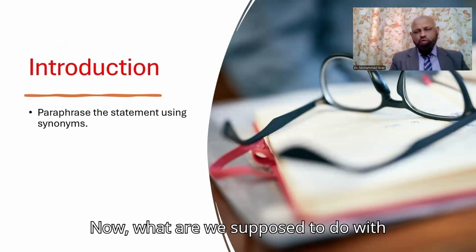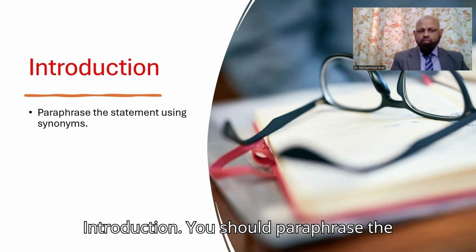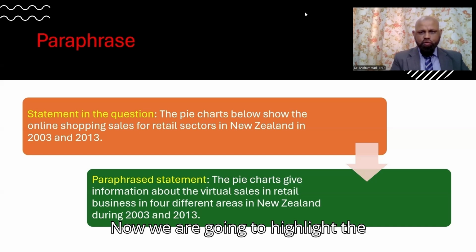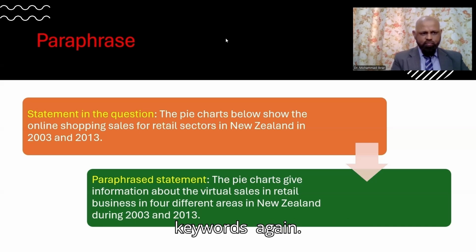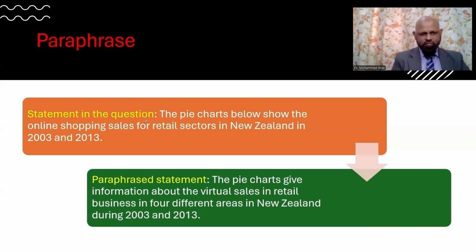Now, what are we supposed to do with the introduction? In the introduction, you should paraphrase the statement using synonyms. Now, we are going to highlight the keywords again. How do we actually paraphrase?